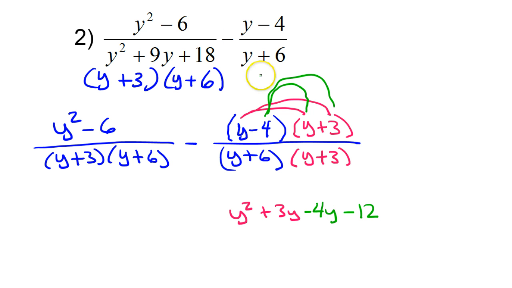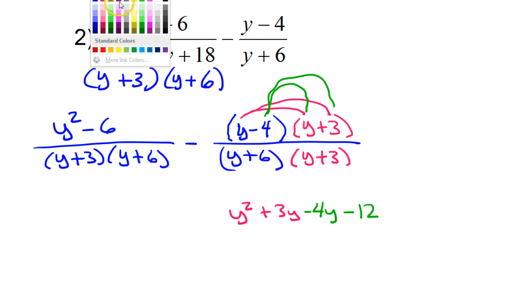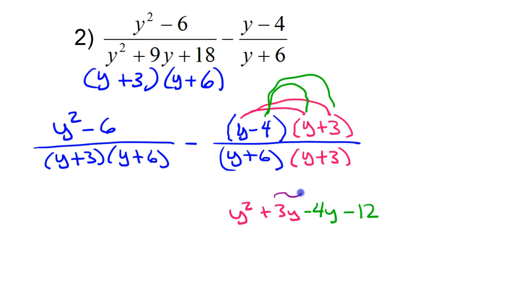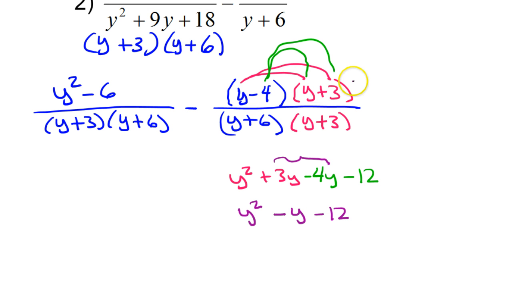Okay, now you see I've got the like terms here in the middle, so that's going to leave me with y squared minus y, minus 12. Alright, so that's what I have in this position right here.